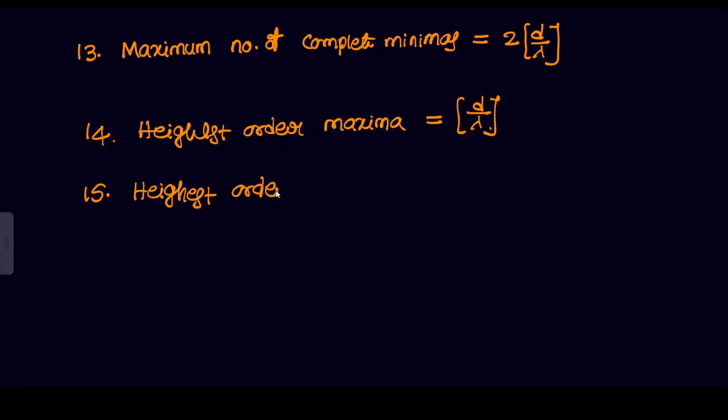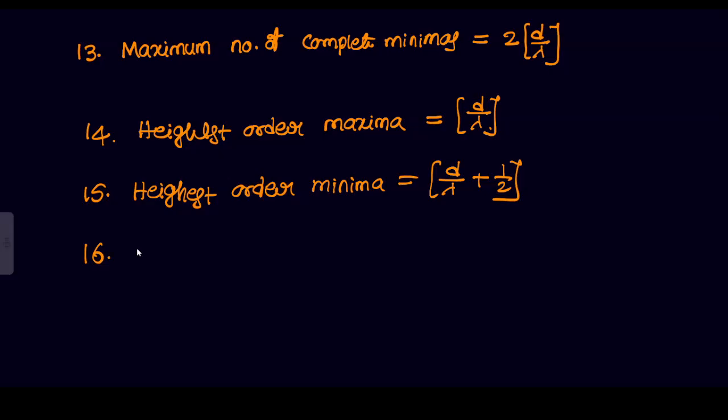Highest order minima is equal to step of d by lambda plus 1 by 2. This is the highest order minima.